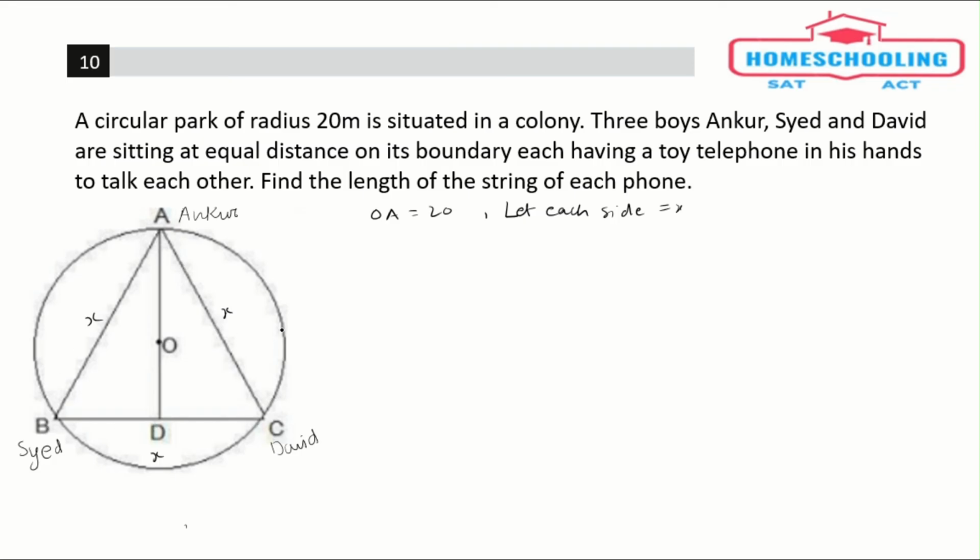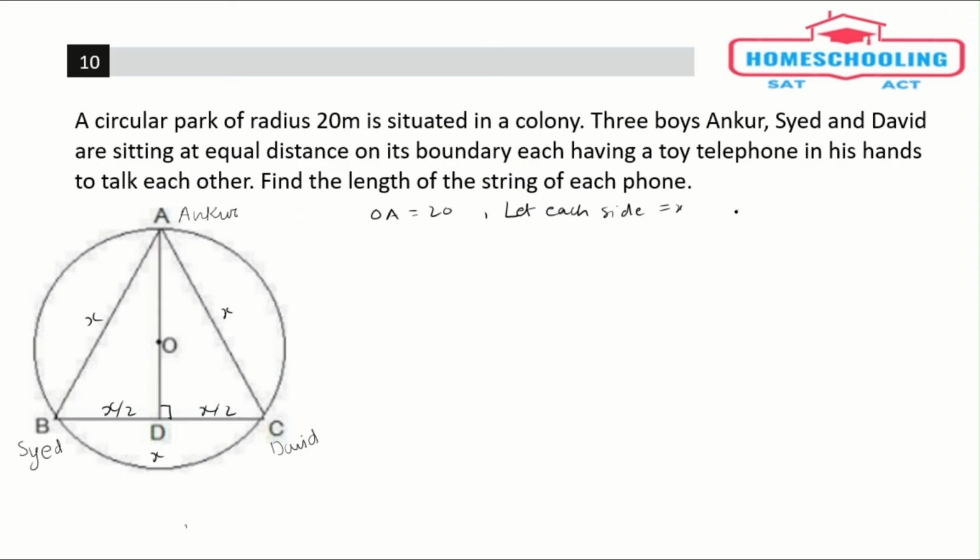So we have to find what x is. In properties we have read that if a line goes from the center to the chord, then it bisects it, and it is also perpendicular. So if the whole length BC was x, BD would be half of it, as it is bisecting, and DC would be also.